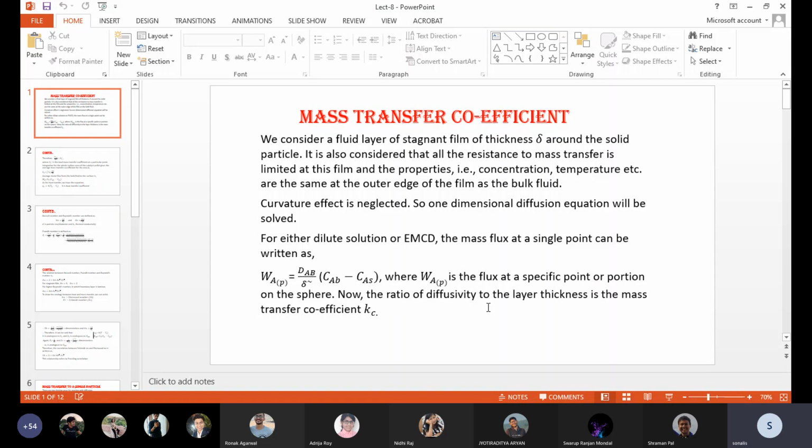Now the ratio of diffusivity to the layer thickness is the mass transfer coefficient Kc. Diffusivity by layer thickness delta tilde is the mass transfer coefficient Kc at that single point, where CAB is the concentration in the bulk and CAS is the concentration on the catalyst surface in that thickness portion, and WAP is also at that point.